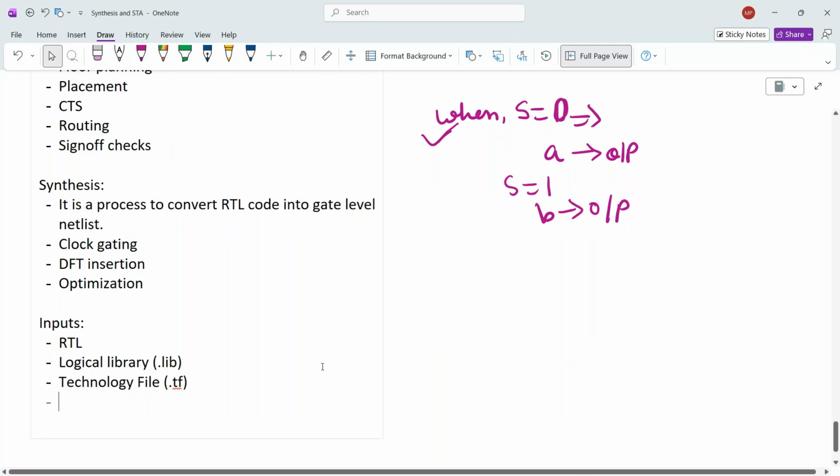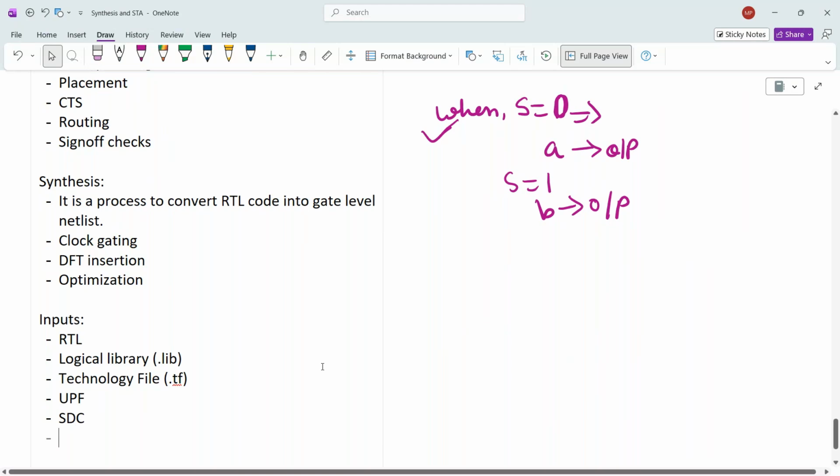But if your design is multi-voltage design, UPF is also required. You can also give UPF. Timing constraints are also there. We write SDC. We can also provide SDC, right?